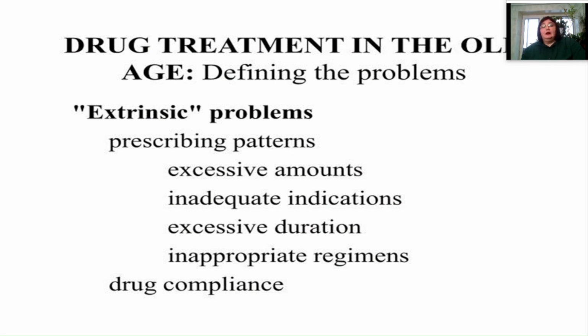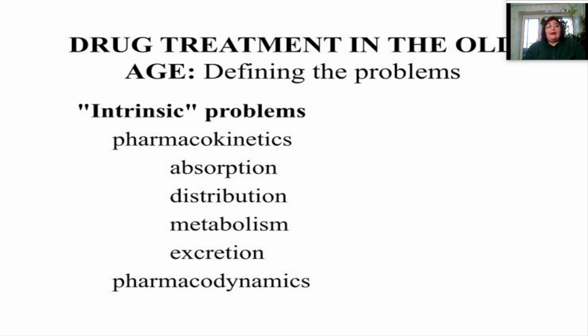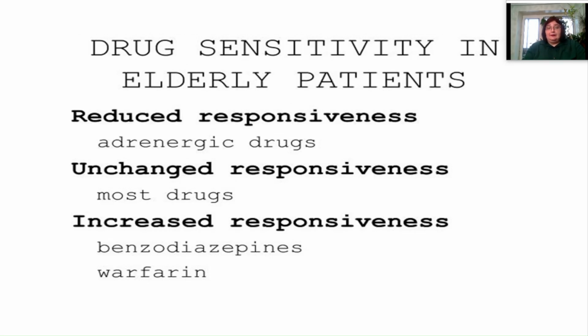Drug treatment in older age defines problems, and we can see that there can be extrinsic problems: prescribing patterns, excessive amounts, inadequate indication, excessive duration, inappropriate regimens, and drug compliance. Another group is the intrinsic problems: pharmacokinetics, absorption, distribution, metabolism, excretion, and pharmacodynamics.